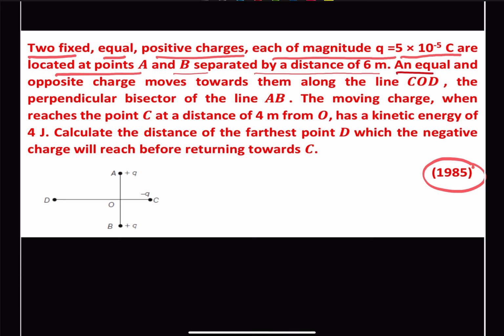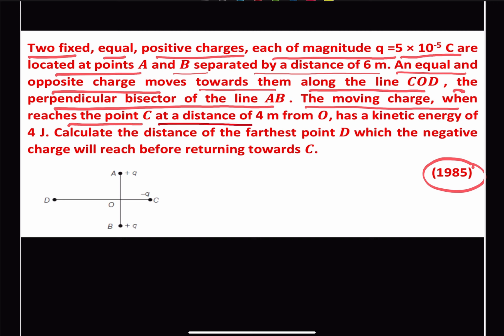An equal and opposite charge moves towards them along the line COD, the perpendicular bisector of the line AB. The moving charge, when it reaches C at a distance of 4 meters from O, has a kinetic energy of 4 joules. Calculate the distance of the farthest point D which the negative charge will reach before returning towards C.